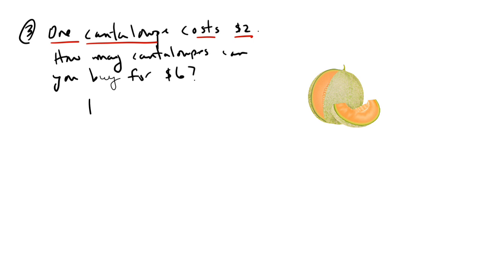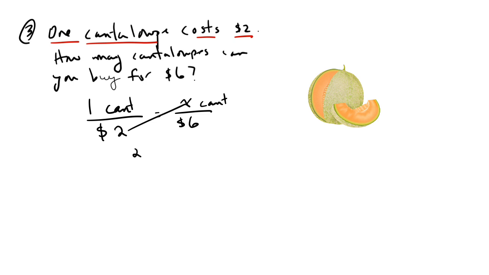So I'm going to write one CANT for cantaloupe, $2. That means our second ratio for our proportion has to be cantaloupes over dollars. It's asking how many cantaloupes, so that's X. Can we buy for $6?